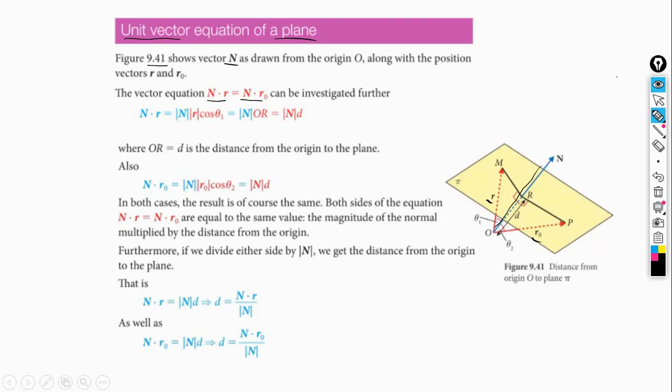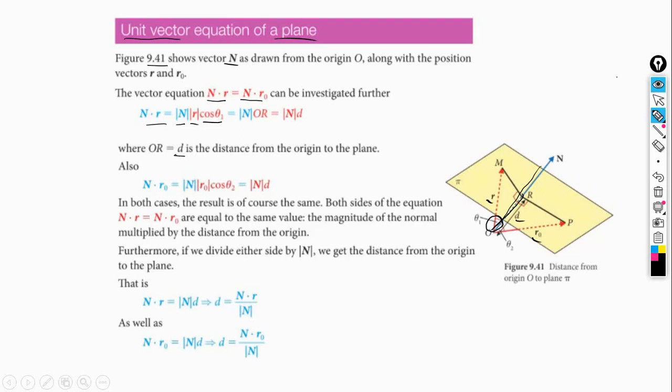Now remember that from the definition of scalar product, we have that this is equal to the magnitude of n times the magnitude of r times the cosine of theta 1, this angle over here. But the magnitude r times the cosine of angle theta 1 is going to be the distance OR, so from here to here, which is d in this case, right? So OR is equal to d, which is the distance from the origin to the plane.